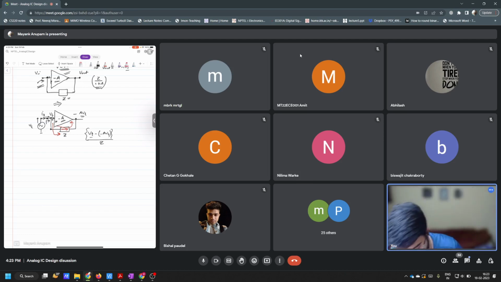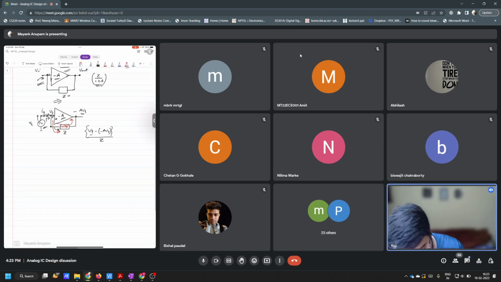So all the current flowing through Z comes through this voltage source, so this is IT. IT is equal to Vt times 1 plus A divided by Z, and Vt by IT is equal to Z divided by 1 plus A.